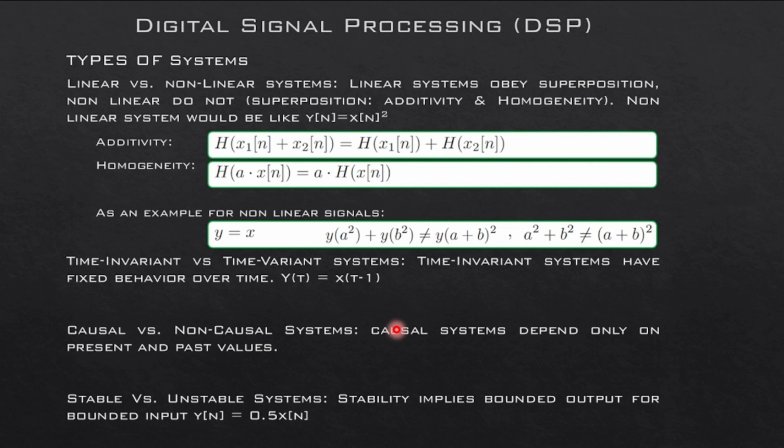Let's state it in a simple way. Causal signals: if you have, let's say, y equals x[n], n being, instead of t, the time position within the axis. For n equal to 0, that's the first symbol; n equal to 1 would be the position of the second symbol, etc. For a causal signal, all the values for that signal exist for n greater than or equal to 0.